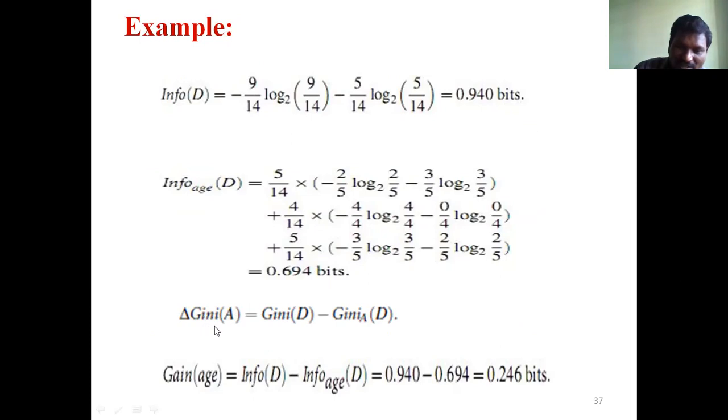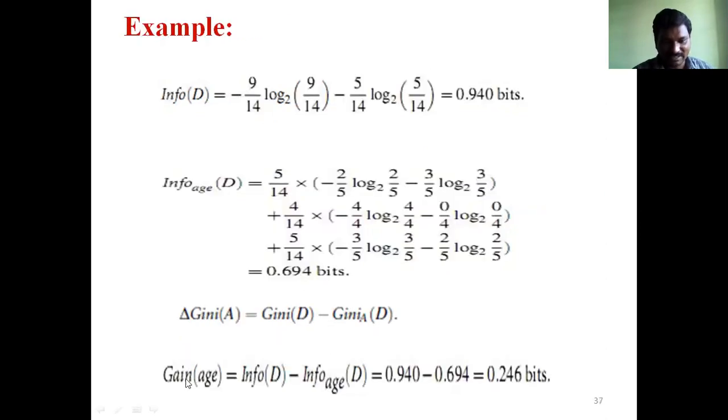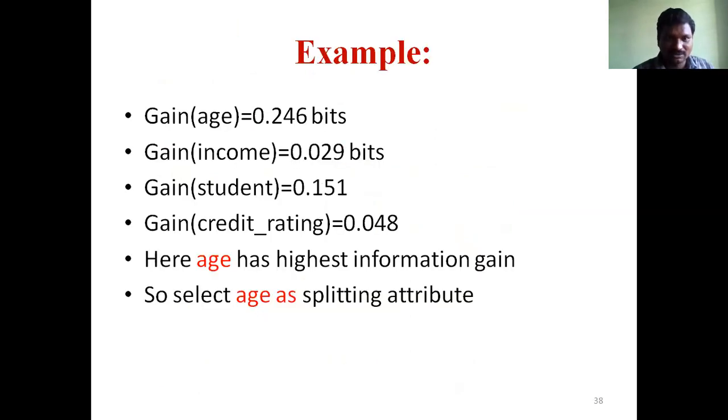Therefore, the formula for the gain: gain of A equals information of D minus information of A, where the attribute is age. So gain of age equals information of D minus information of age of D, that is 0.940 minus 0.694, equal to 0.246 bits.